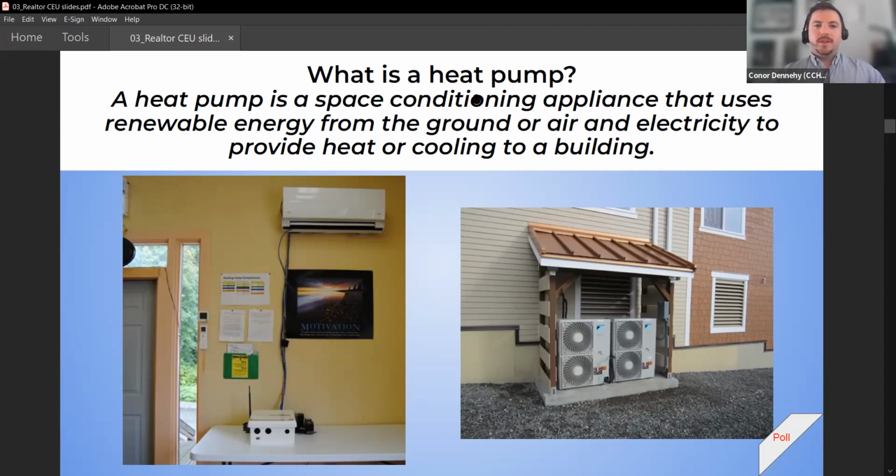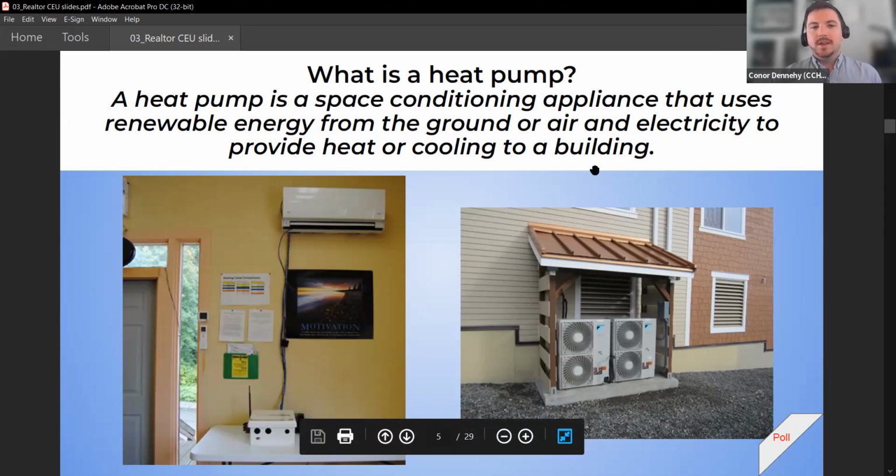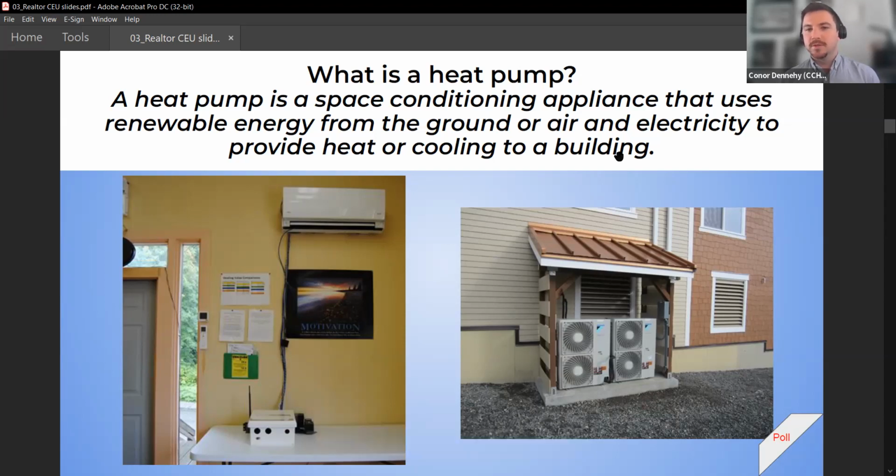The family or hierarchy of heat pumps is you have heat pumps, and they can either be an air source heat pump or a ground source heat pump. We're going to focus on air source heat pumps in this presentation, and air source heat pumps can be broken down further into a split system or a mini split system. In the picture, we're looking at mini splits, but if you've ever seen larger air conditioners or compressors outside of people's houses down in the lower 48, it's likely to be a traditional split system.